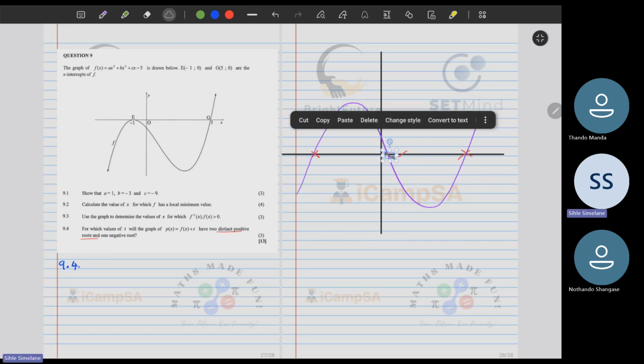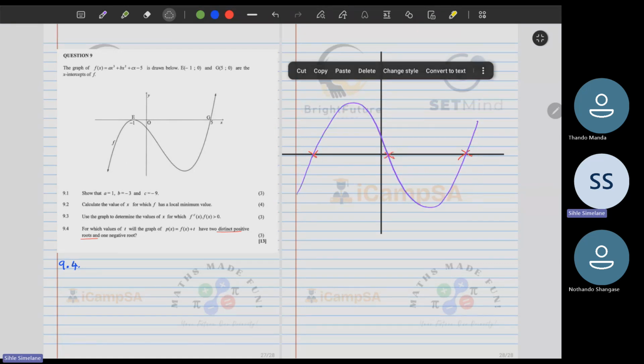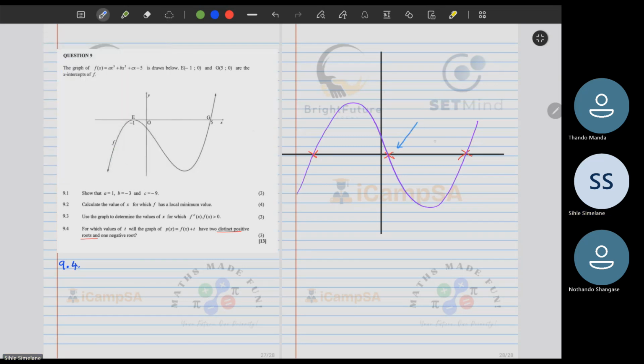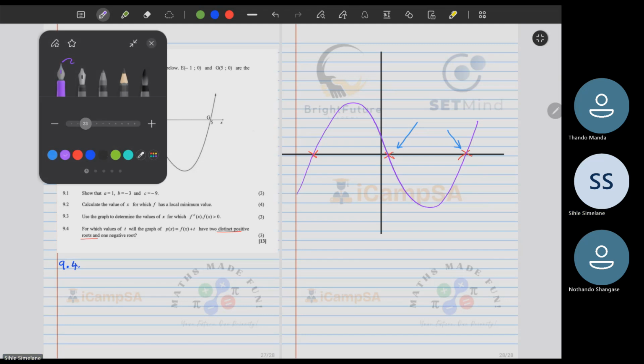So what they are saying to us is something like this, guys, that we need to try and have a graph that will behave this way. If you observe carefully, what we now have here is two positive roots.